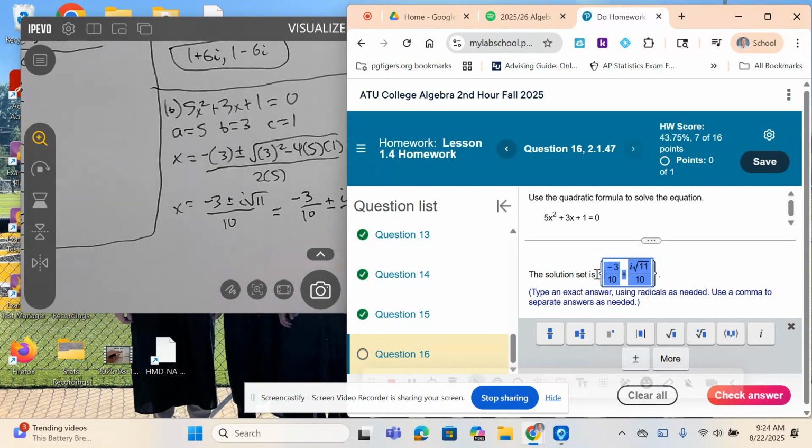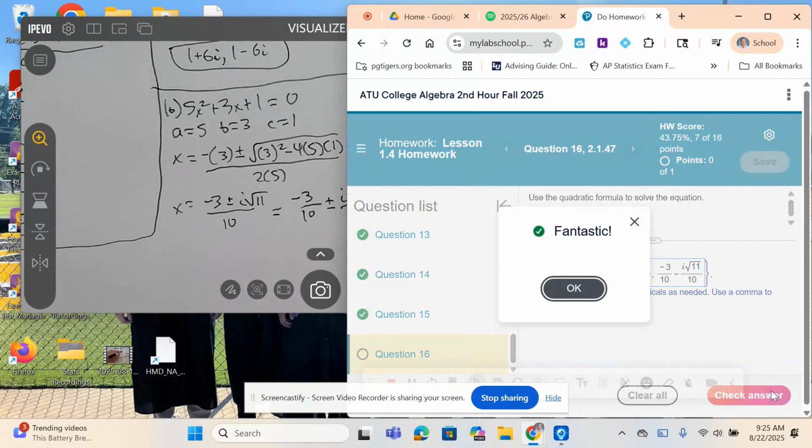Oops, it's going to take forever here. I'm going to see if I can copy this. Control C. Control V. And I'm going to do minus on the second one. All right.